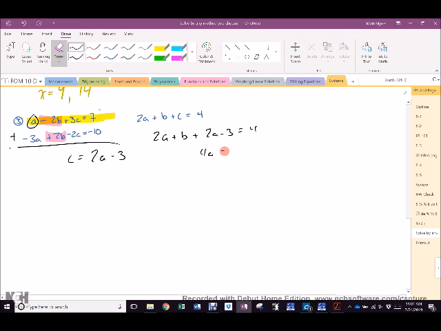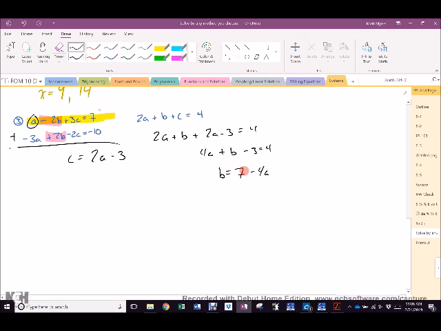Oops, 4a. Oh, there we go. Forgot to change the sign there. Because that's minus 3, right? So that's b equals, negative 3 becomes what when I move it over? That's 7 minus 4a, right?